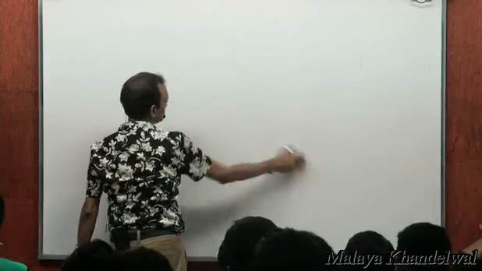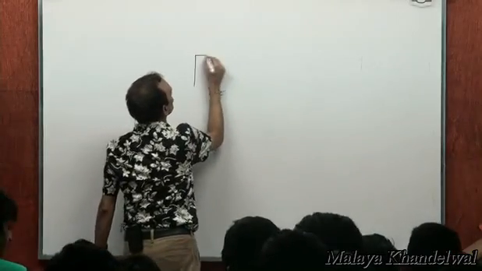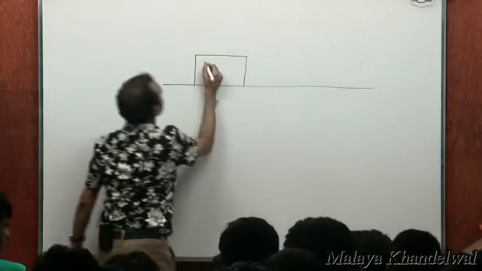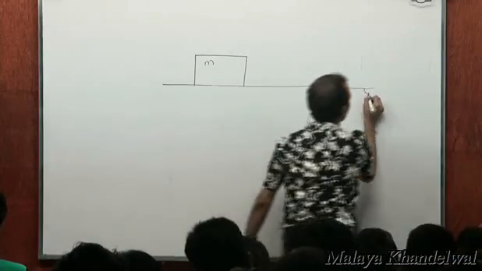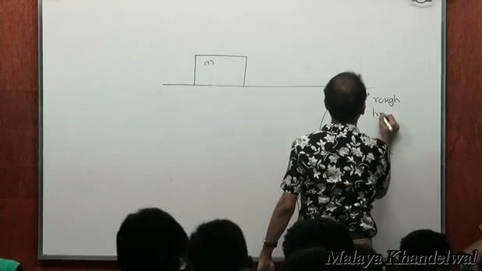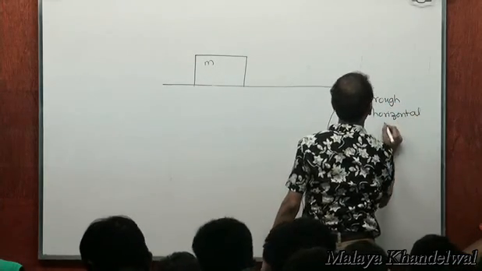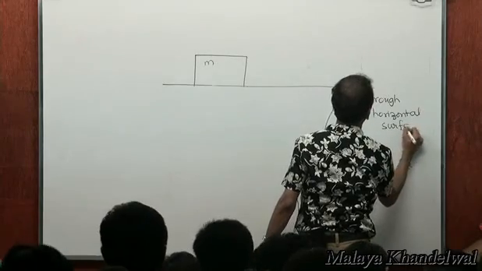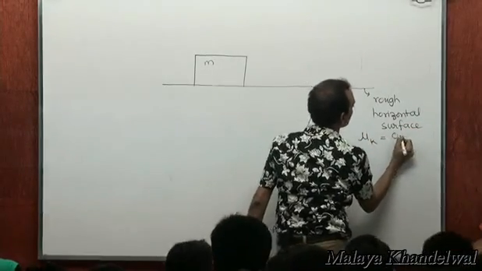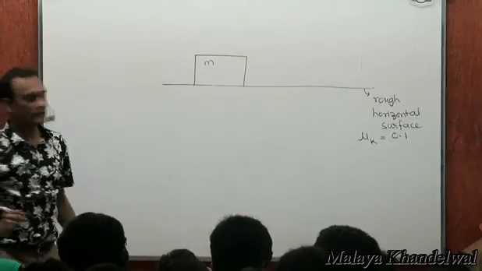See, suppose this was a mass m on a rough horizontal surface with mu k as 0.1, right?